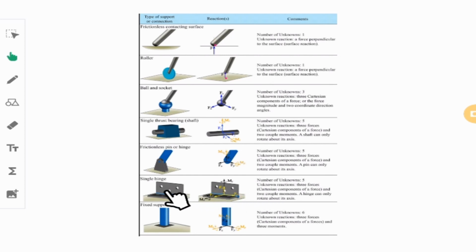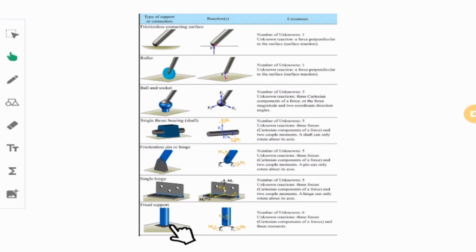When you have a single hinge, you cannot move this upward, downward, left and right, and you cannot do any translational motion, and that's why you have 3 forces over there. The only thing that you can do is rotation around this axis. The other rotations are impossible. If you want to do that, you start to break down this guy, and that's why you have these reactions, and in total all of these guys have 5 unknowns.